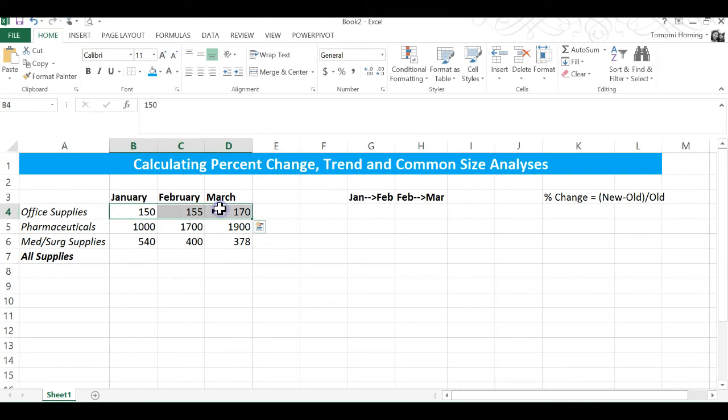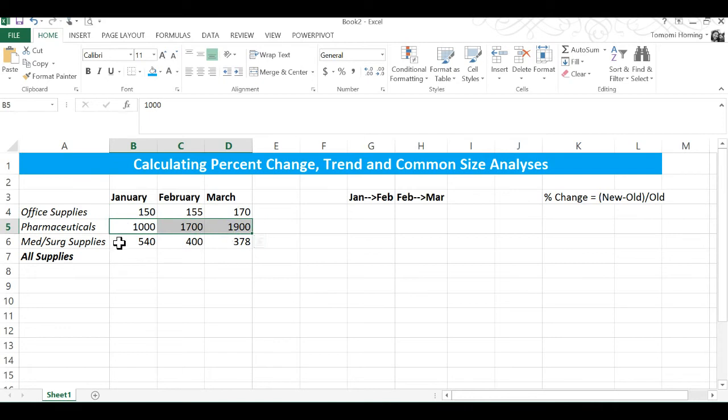The trend for office supplies is in the upward direction, right? It's starting in January at 150, ending up in March at 170, and February's numbers are obviously greater than January's and less than March. So you can see kind of mentally in your mind a graph would have an upward slope there. Pharmaceuticals is the same thing, where you have an upward slope.